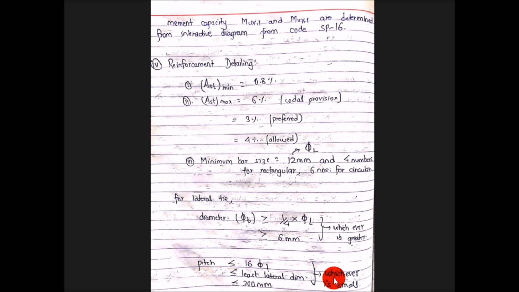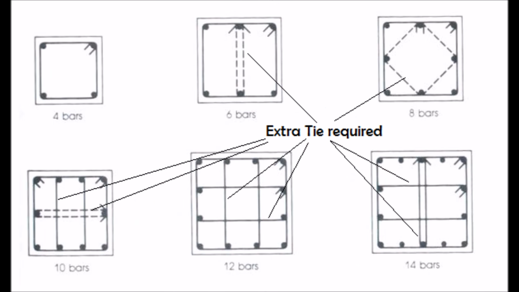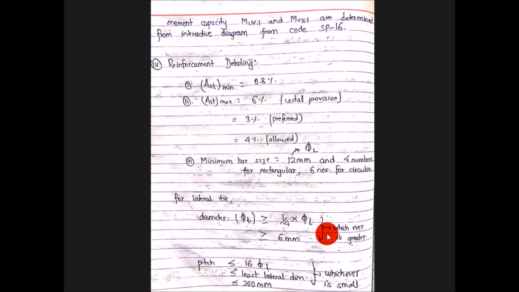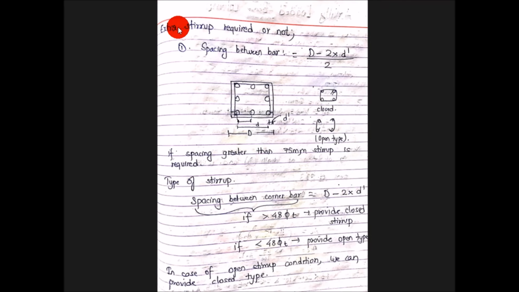In the case of multi-diameter bars, for example 12 mm and 14 mm bars, for the diameter, that is 1/4 phi L, we provide the greater diameter, that is 14, and for the pitch we use the smaller diameter, that is 12 mm, so 16 into 12.